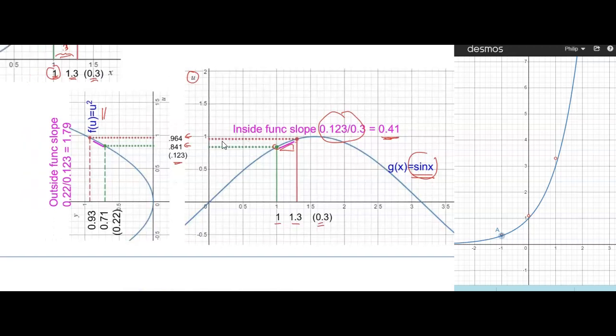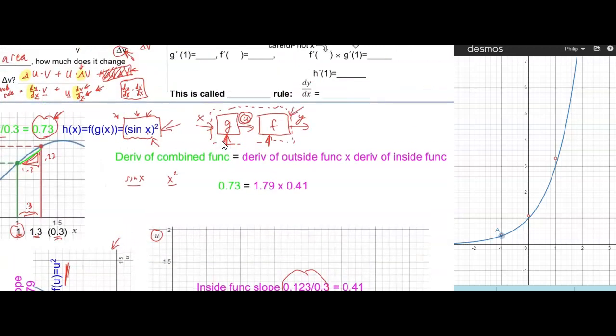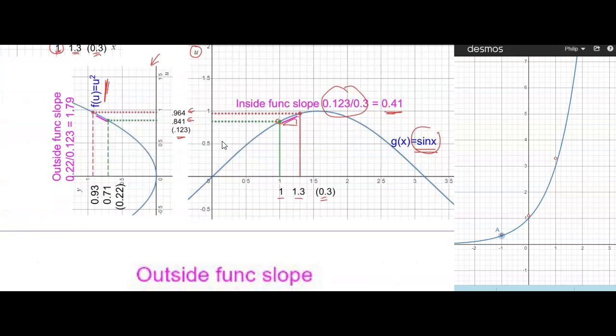Okay. Next, I'm going to look at the second function, which is quantity squared. Now, the quantity squared function, remember, is the second box here, and it's going to take as an input u instead of x. So instead of putting in 1 and 1.3, I'm going to put in these two values, 0.964 and 0.841. That's why I kind of turn this sideways.